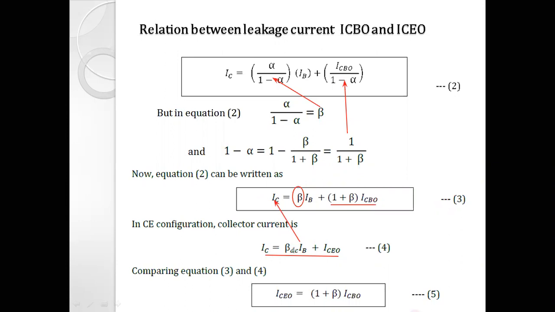So beta IB on the left hand side and beta IB on the right hand side get cancelled. On the left hand side we have only ICEO, but on the right hand side we get (1 plus beta) into ICBO. So this equation number 5 shows the relation between these two leakage currents, ICEO and ICBO.